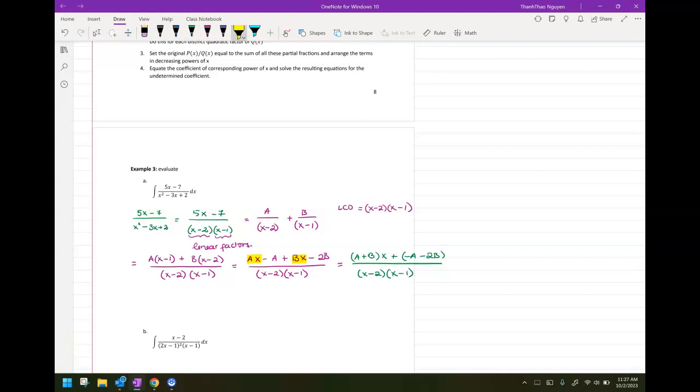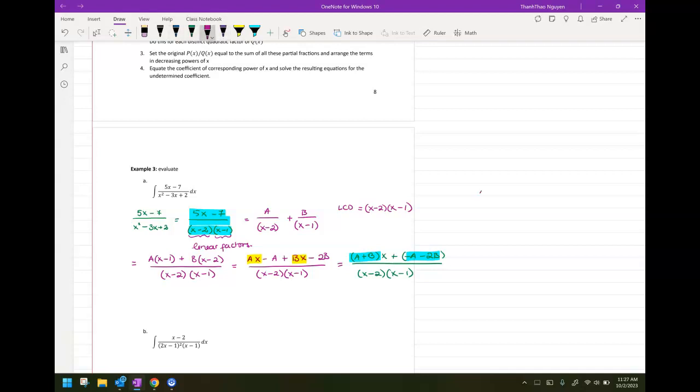Note that if this has to equal the original rational expression, it would mean that a plus b has to equal 5 and negative a minus 2b has to equal negative 7. So I can go ahead and set up this system of equations.